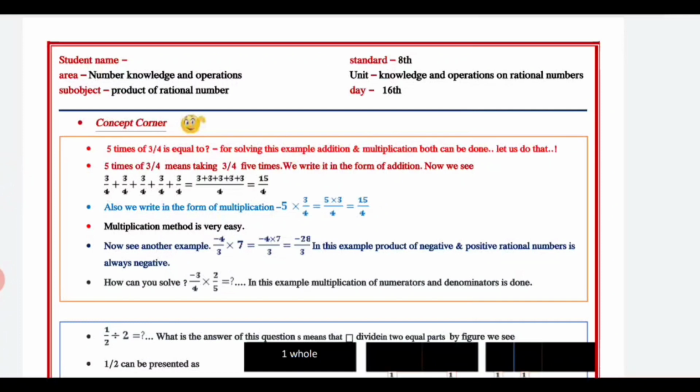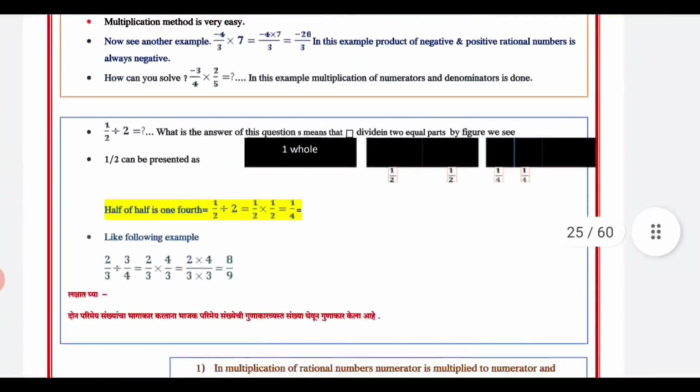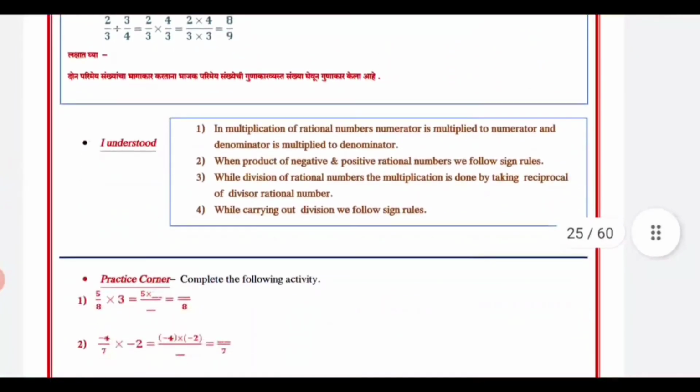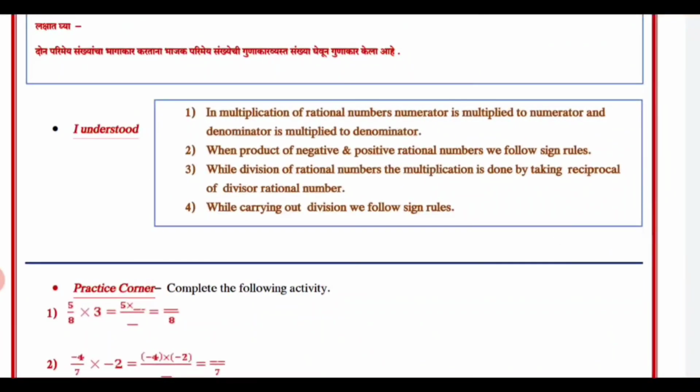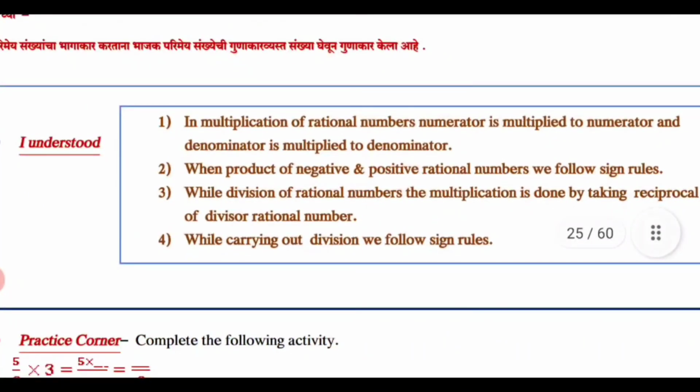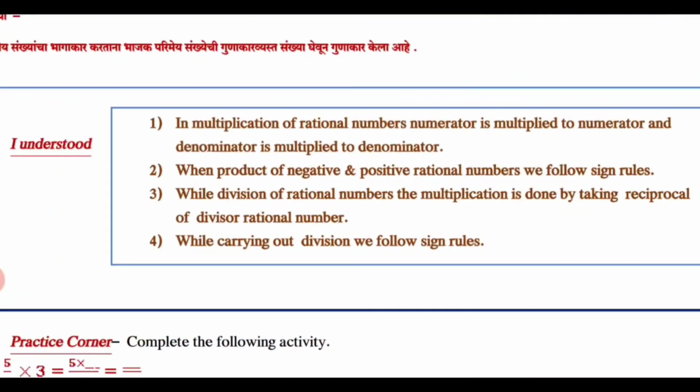The meaning of product is nothing but the multiplication of rational numbers. Now let us see what you have to remember in the multiplication of rational numbers. In multiplication of rational numbers, numerator is multiplied with numerator and denominator is multiplied with denominator. Always keep this in mind.